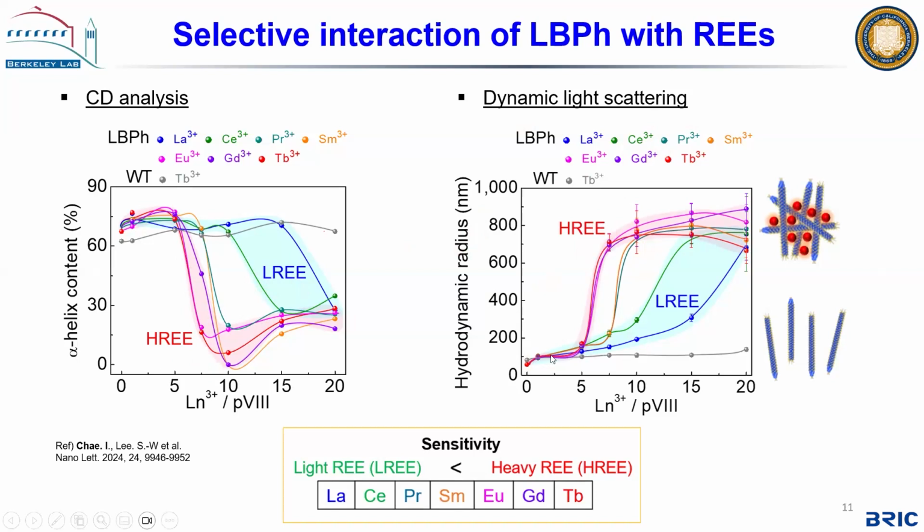And you can see huge aggregation occurring with the heavy REs at a much lower concentration than the light REs. So our result shows our virus has preferential binding and interaction to the heavy RE over light REs.